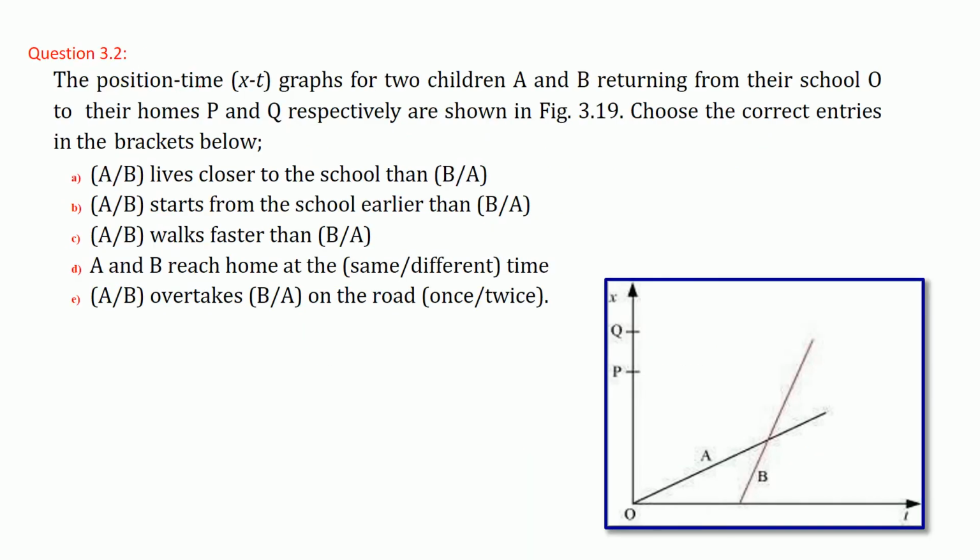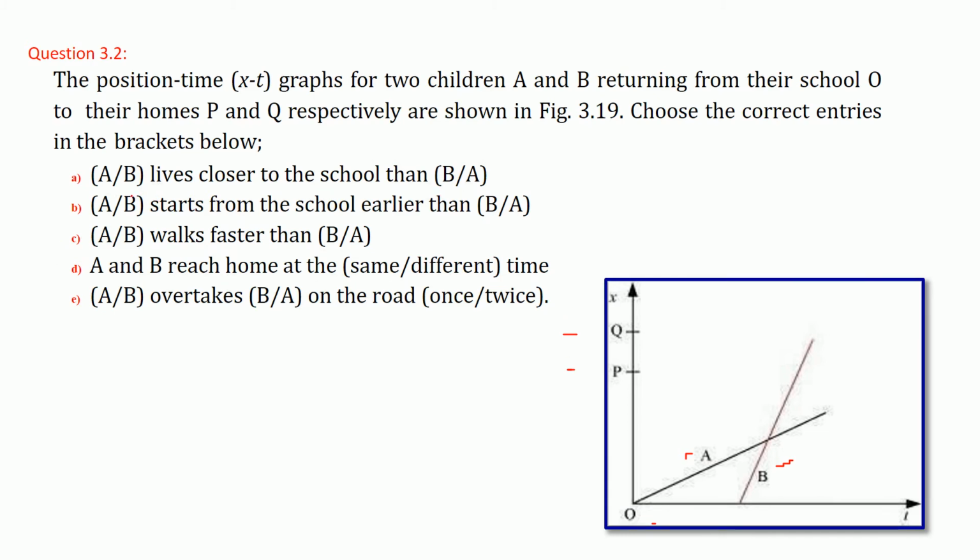The position-time x-t graph for two children A and B returning from their school. This is the graph of A, this is the graph of B, and their houses are at P and Q. We have to choose the correct entries from A/B, A/B or B/A.